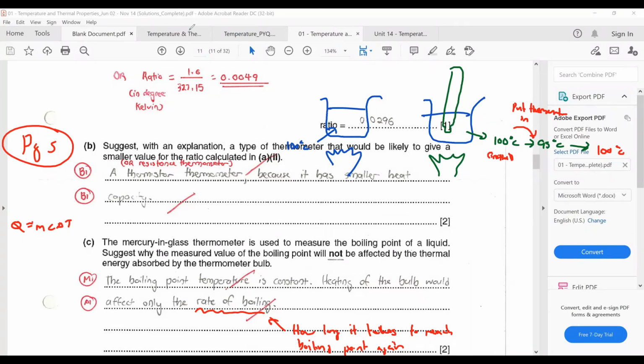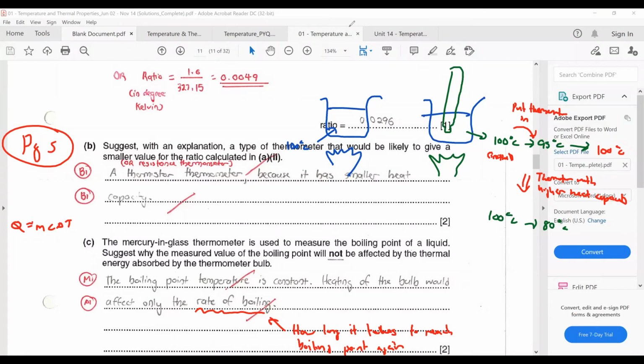What do I mean by that is this: if you have a thermometer with higher heat capacity, you originally started with 100 degrees centigrade, then you put in a thermometer with high heat capacity, maybe you will cause a very large drop in temperature, up to say maybe 80 degrees centigrade.